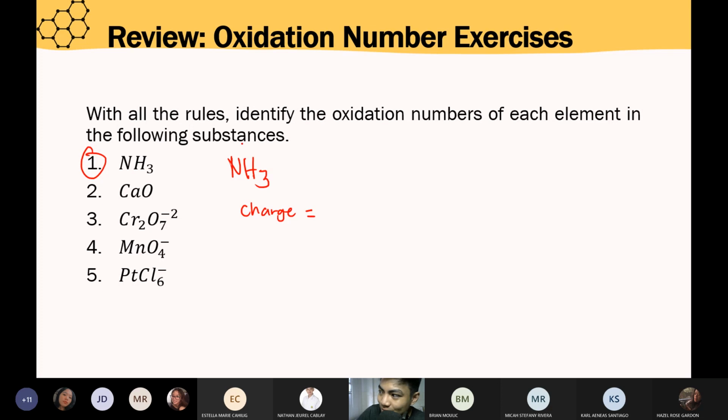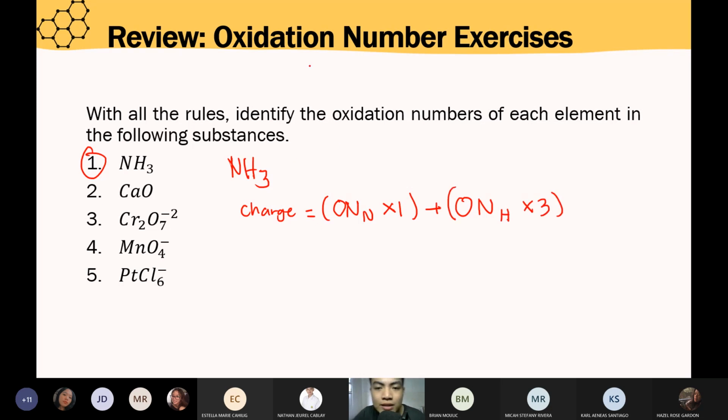So sabi, the charge of the molecule is the sum of the oxidation number of each element. Okay, so for nitrogen, oxidation number of nitrogen times 1, kasi isa lang siya, plus the oxidation number of hydrogen times 3, kasi tatlo yung hydrogens natin.